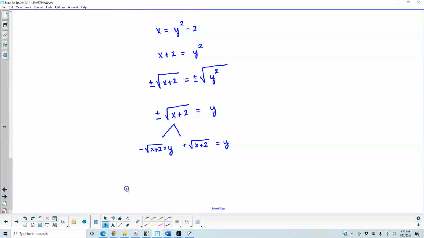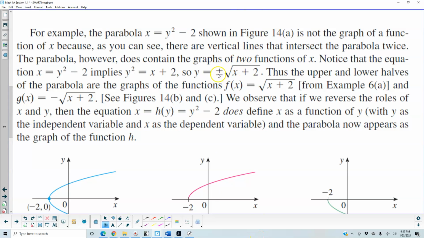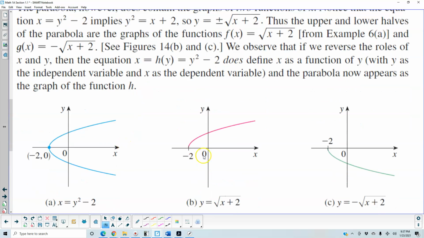So what can we do here? Well, if we go back up to what they were stating, this is how we get plus or minus the square root of x plus 2. Thus, the upper and lower halves of the parabola are the graphs of a function, f of x equals the square root of x plus 2, and g of x is equal to the negative square root of x plus 2, because what happens here is that it cuts off one half of the parabola.